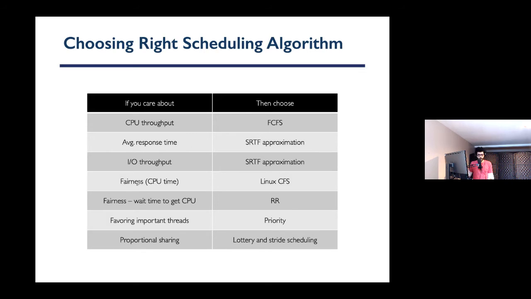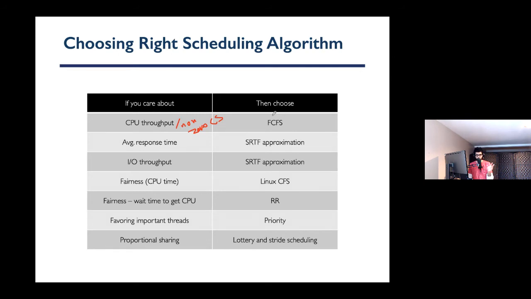Okay, finally, this is just a comparison of different things that we've seen. Let's walk through them. If you remember, FCFS was really good if you cared about throughput. Here I add, because this considers if you have non-zero context switching, because FCFS basically doesn't context switch much.